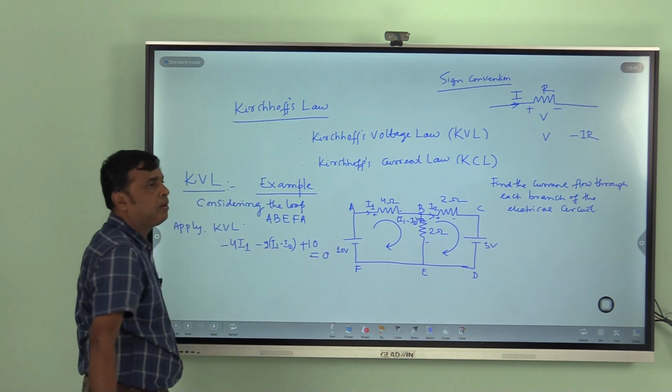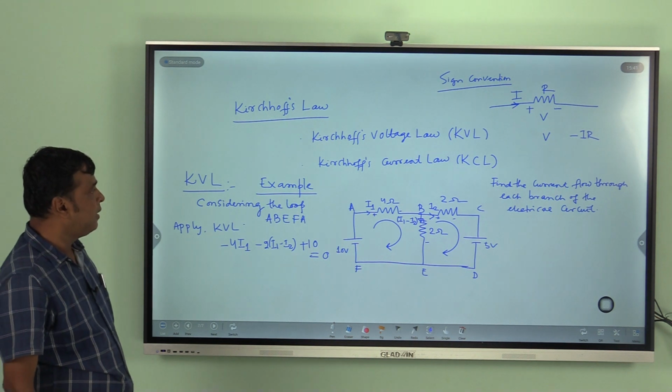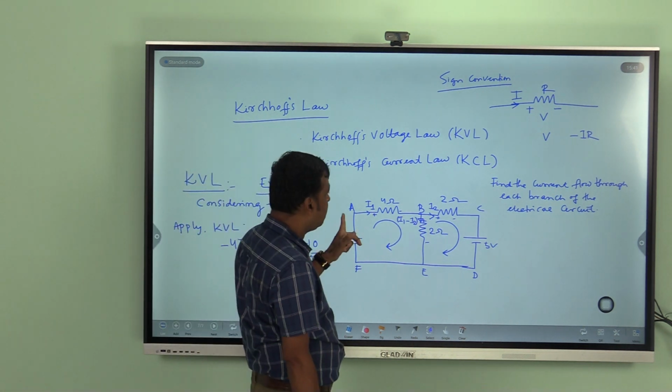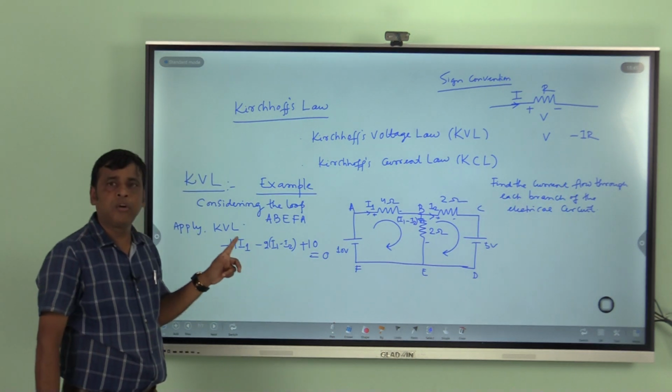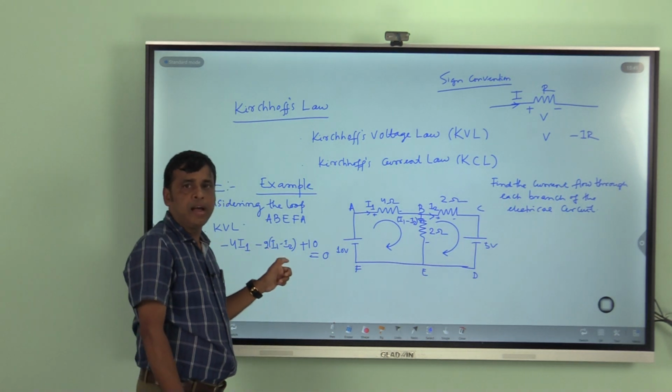This is very, very important. When you are going to apply KVL, then sign convention is a must, plus to minus is minus, minus to plus is plus. If there is a resistance, multiply with the current. If there is a voltage, keep it as it is.